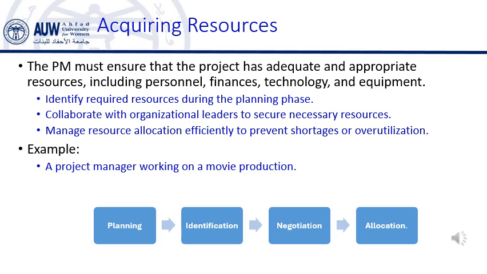These resources can be people, human resources; materials, physical resources; technology, software, tools, equipment; money, budget; time allocation and scheduling. The PM must ensure that these resources are available, accessible, and properly allocated to meet the project's needs.